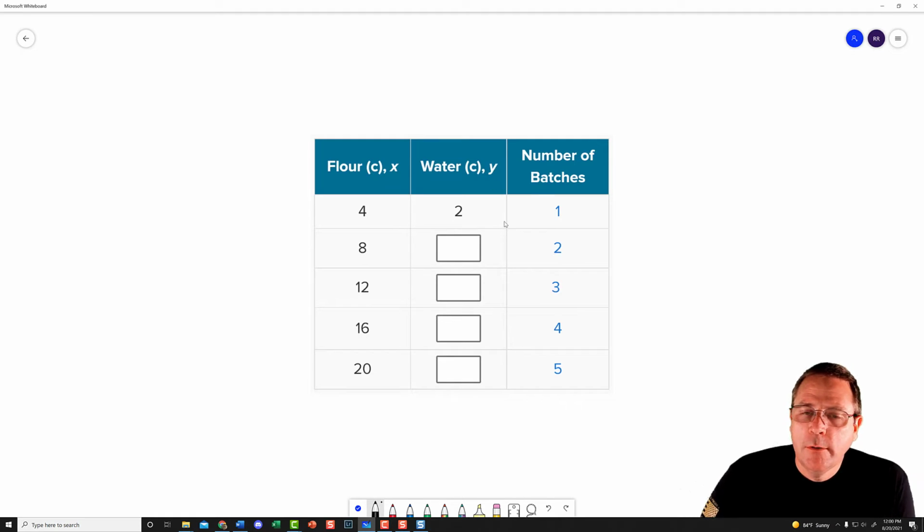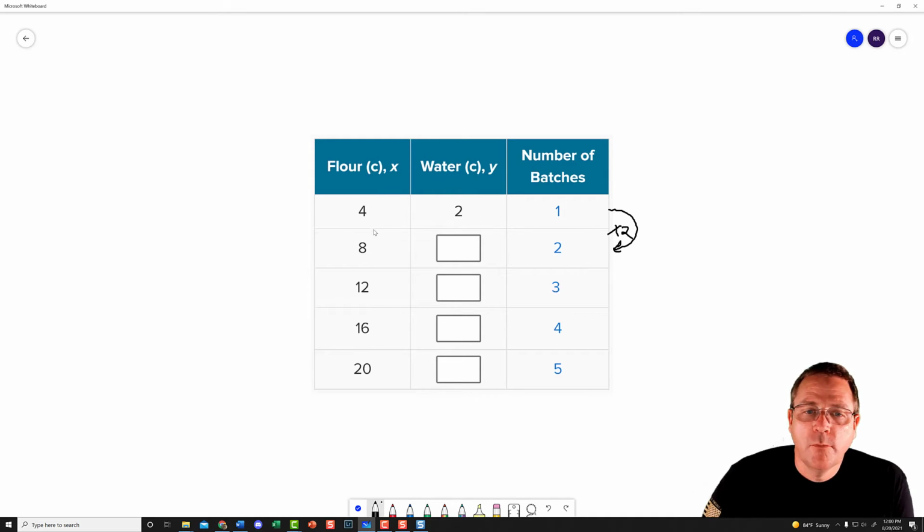Now the table they gave us this time is going to make showing my work really easy, because I can sit here and just say that, we're going from 1 batch to 2 batches. Well, that's 1 times 2. To get to that, we had to multiply by 2, my bad.